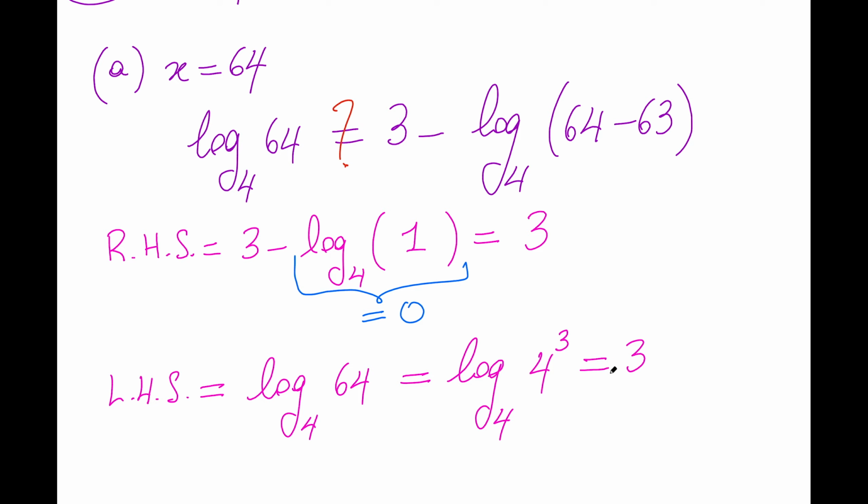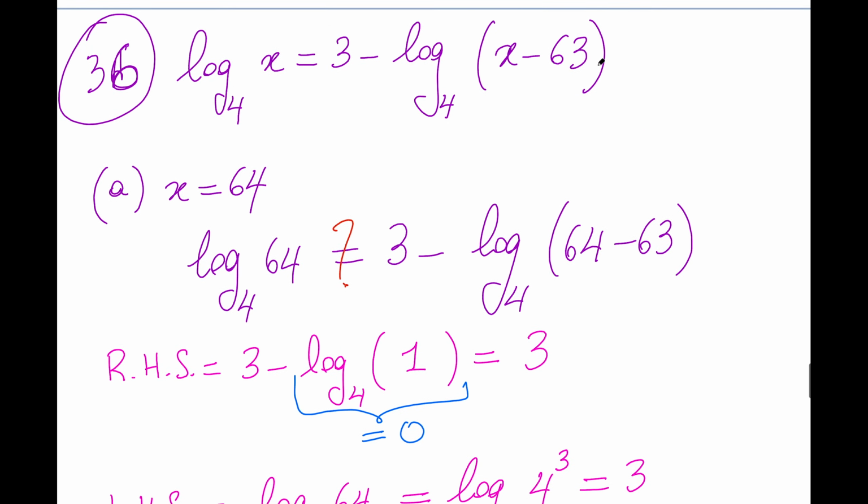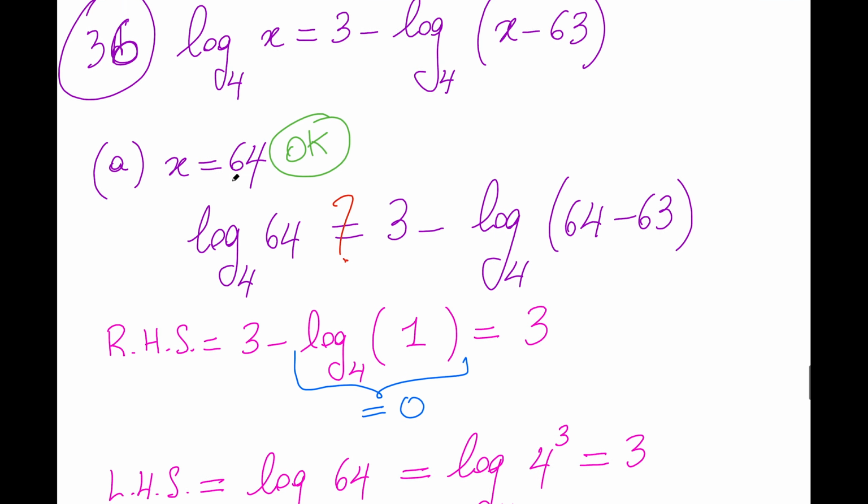So the right-hand side and left-hand side are the same. As such, x equals 64 is a solution of this logarithmic equation. Makes sense? So it is a solution.